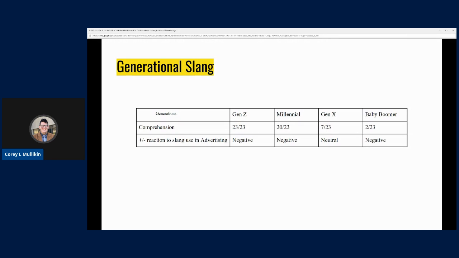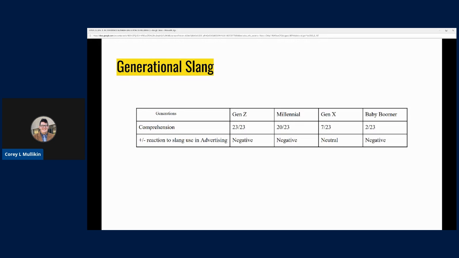Now, I did ask them, these companies, an example of the word was yeet, Y-E-E-T, and it just means to throw with great force. Origins of that comes from Vine, which is the predecessor of TikTok, if you want to use some kind of social media family tree. And I said, well, what if Coca-Cola said, when you're done with your can, yeet it into the recycling bin?